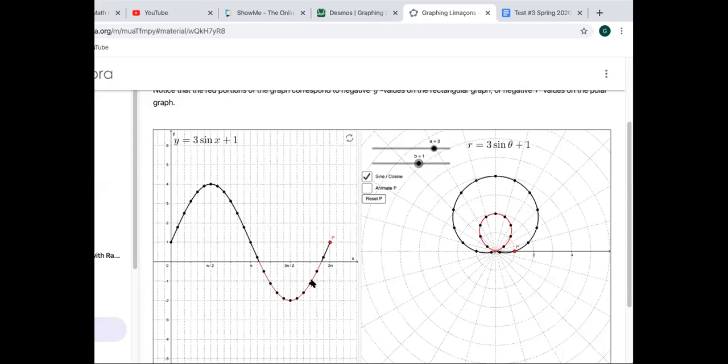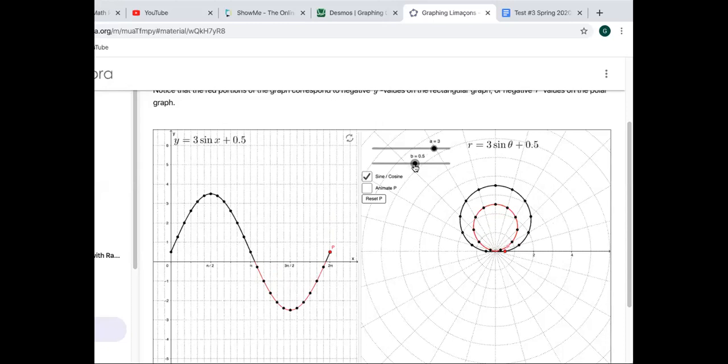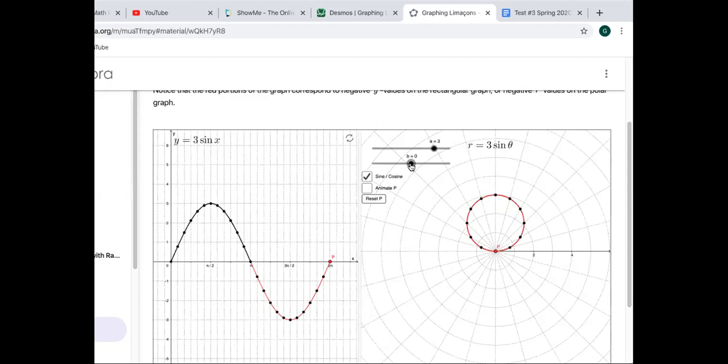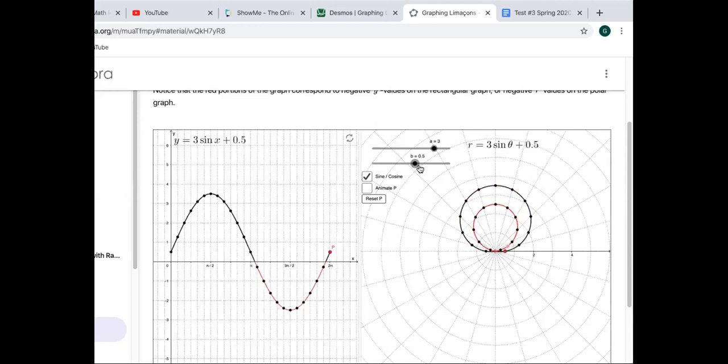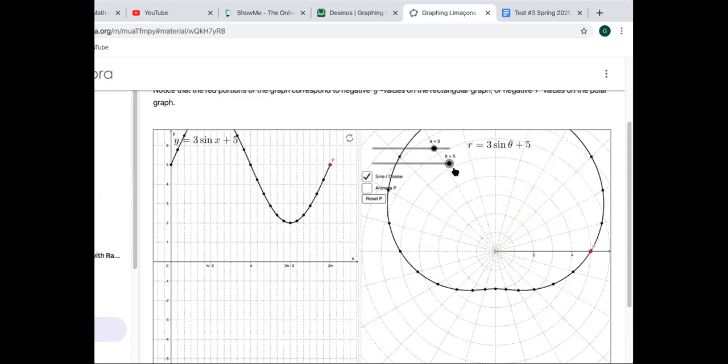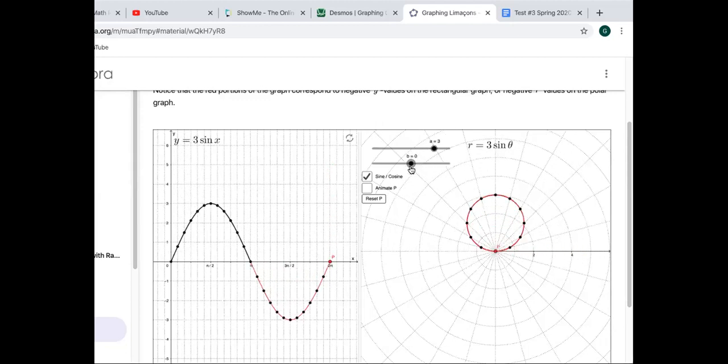That's smaller than the piece above the axis. But as it gets to like 0.5, the inner loop and the outer loop are almost the same size. And then finally, at the point where B becomes 0, the inner loop overlaps with the outer loop.